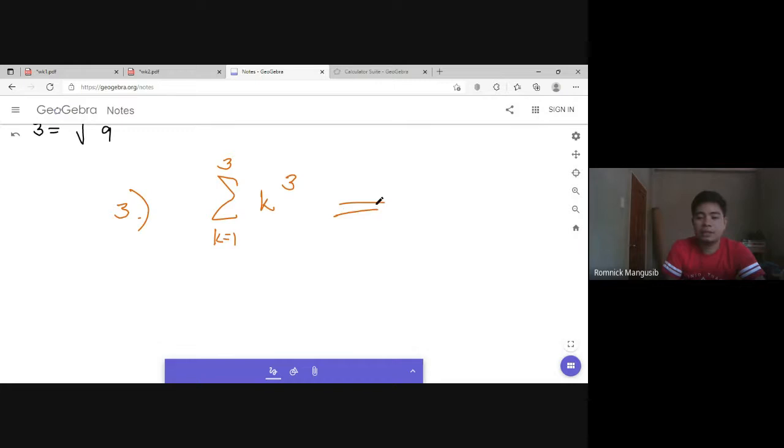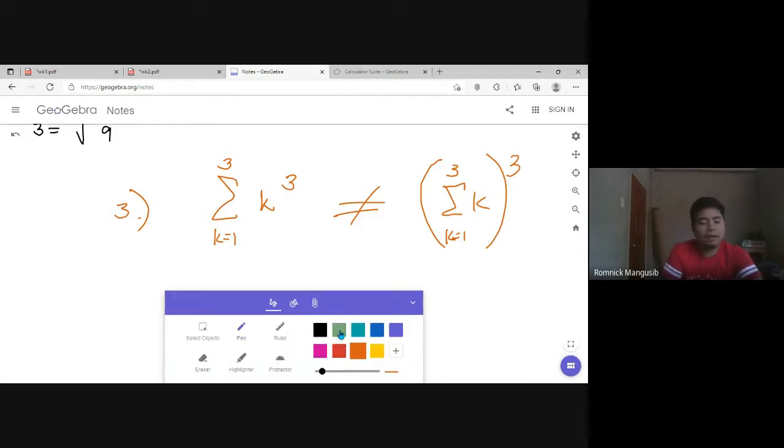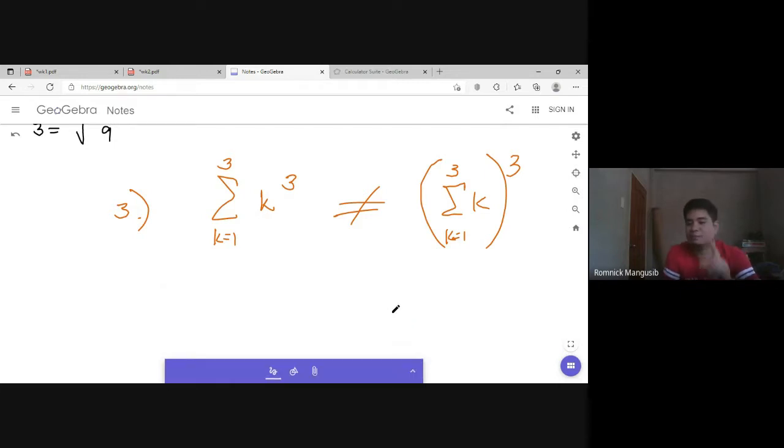Class, natural hindi siya equal sa summation of k from k equals 1 to 3, tapos ito ay naka-cube. They're not the same. Please, ang clue dito, basta't magkaiba ang pagkakasulat, hindi na talaga sila pareho. Kasi kapag i-expand mo itong una, magiging ganito yung tsura niya.